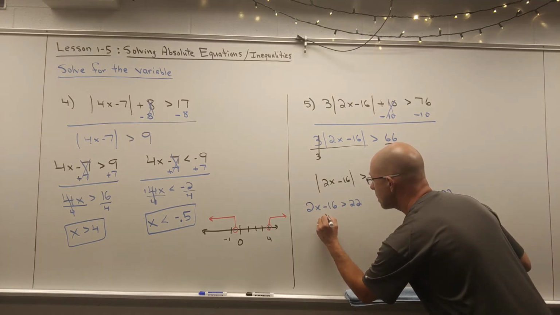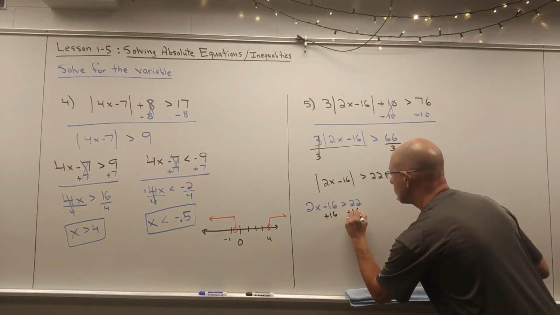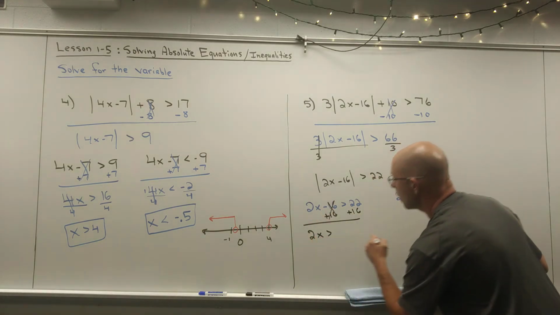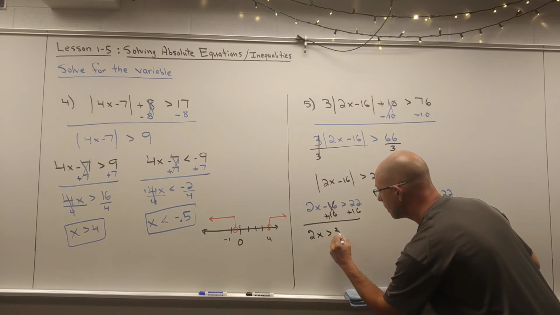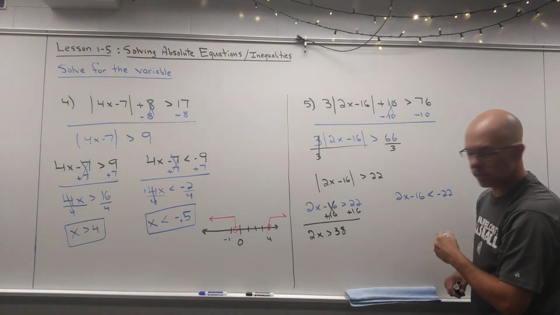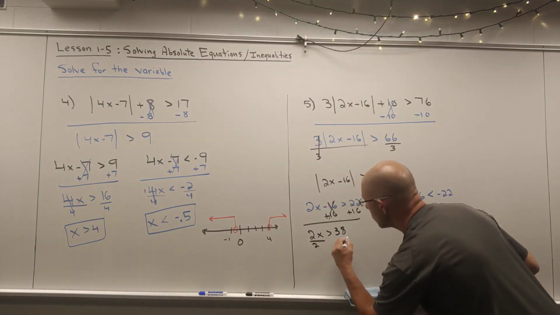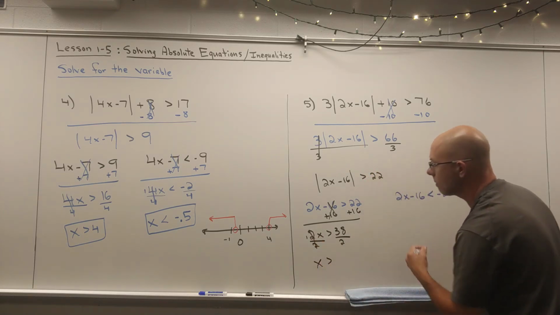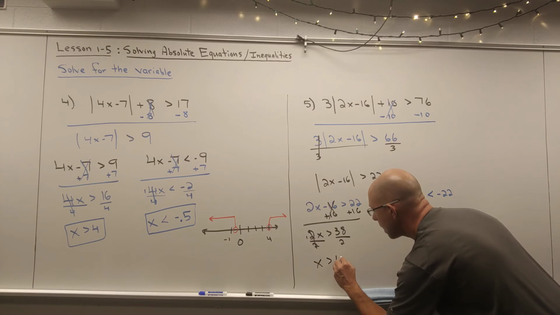So if I add 16, we get 2x is greater than 38. 22 plus 16. Divide by 2. 2 divided by 2 is 1x greater than 38 divided by 2 is 19.